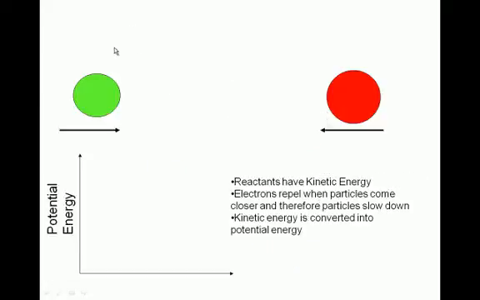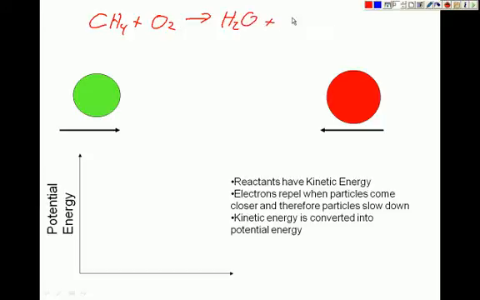Now I want to look at how reactions happen, and more importantly, why reactions happen. So if we take a reaction like something simple like CH4 plus O2, and this is a combustion reaction and makes H2O and CO2.